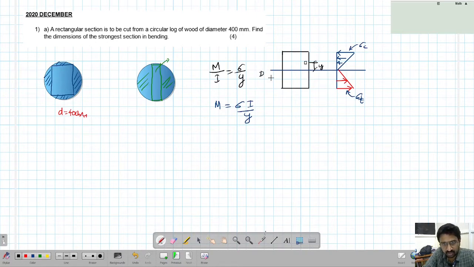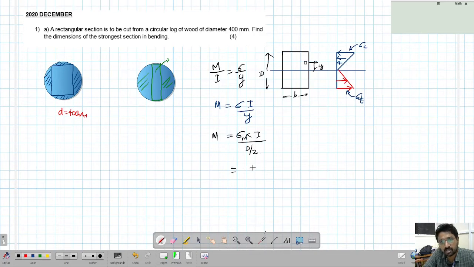So this is D, this is B. That means M equals sigma into I upon D by 2. When y equals D by 2, we have the maximum stress. So this stress will be sigma m, the maximum stress.